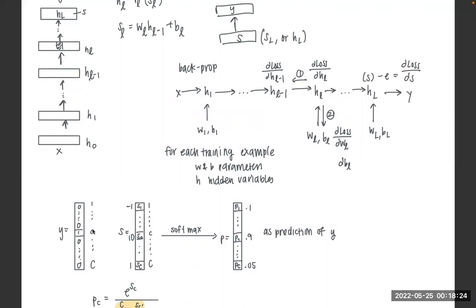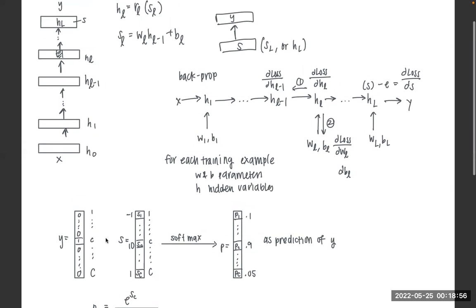For example, if we observe Y to be the category small c, then for this one-hot vector, which has capital C elements, only the small c's element is 1. All the rest of the elements are 0. So this is a one-hot vector, which is also a way to label a class, right? So you can also treat this one-hot vector as our Y, the class label.